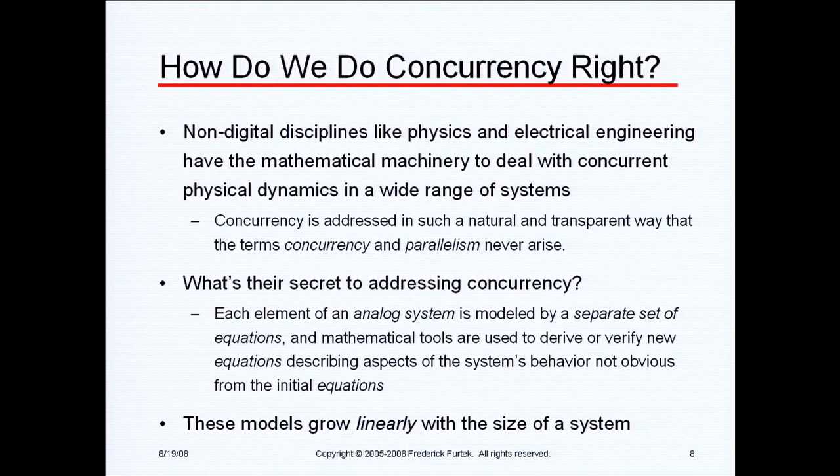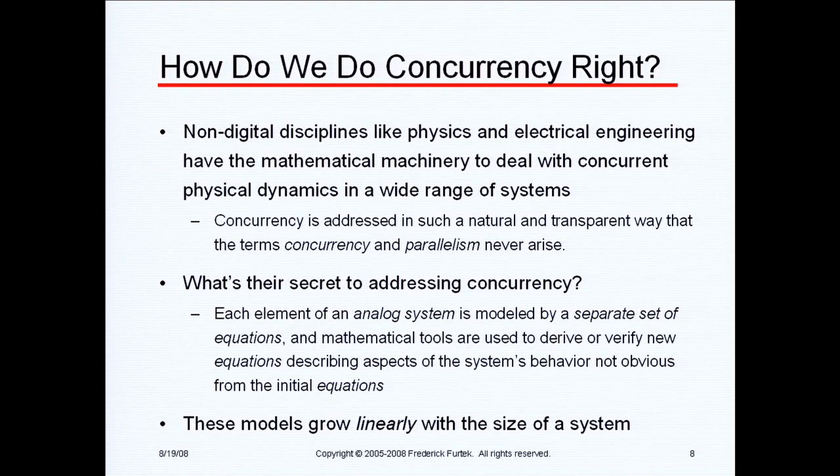So what's the secret to addressing concurrency? How do they do it? Well, distilling the approach into the simplest possible terms, each element of an analog system is modeled by a separate set of equations, and mathematical tools are used to derive or verify new equations describing aspects of the system's behavior not obvious from the initial equations.